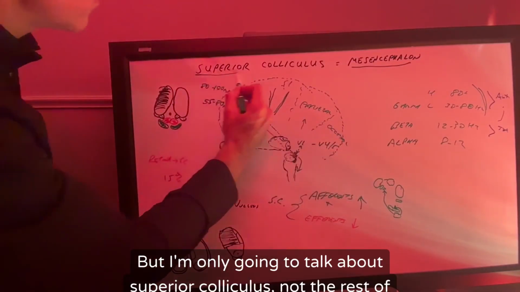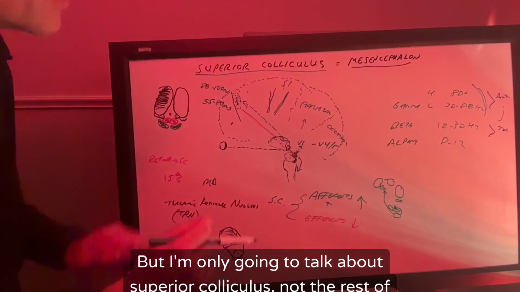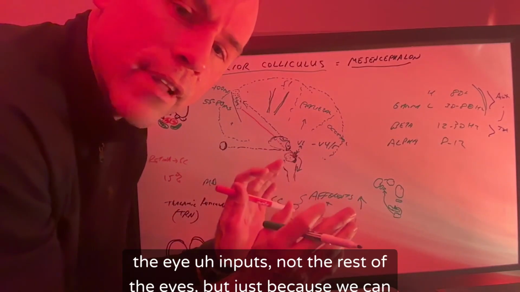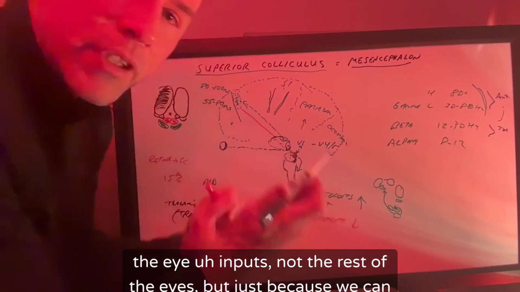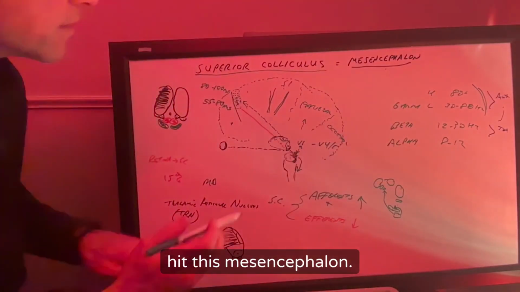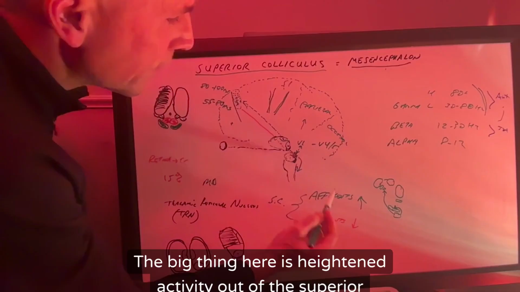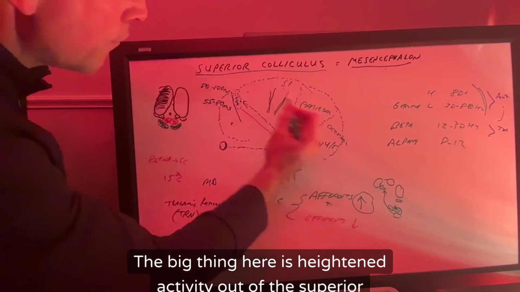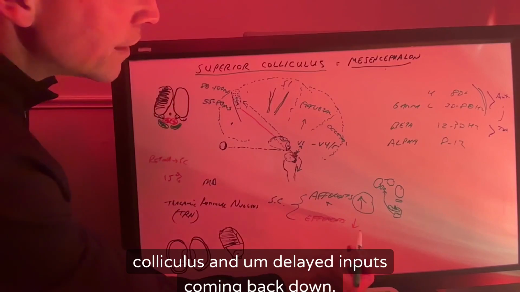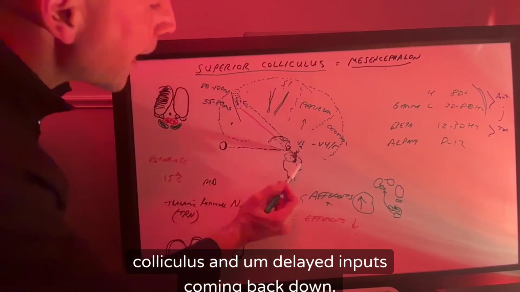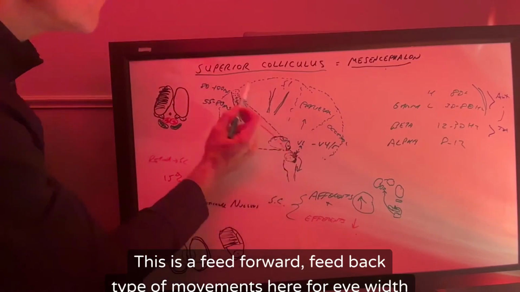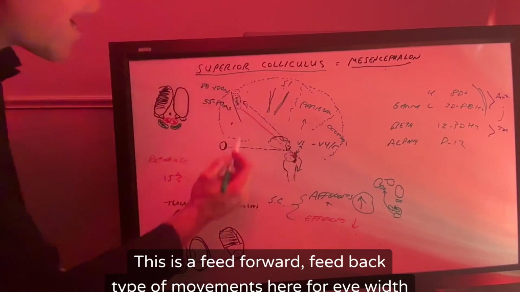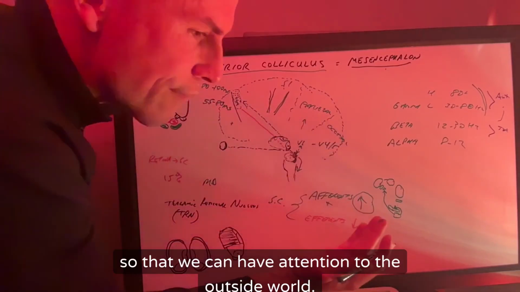But we only want to talk about superior colliculus, not the rest of the eye inputs. But just because we can hit this mesencephalon. But the big thing here is heightened activity out of the superior colliculus and delayed inputs coming back down. This is a feed forward, feedback type of movements here for eye, so that we can have attention to the outside world.